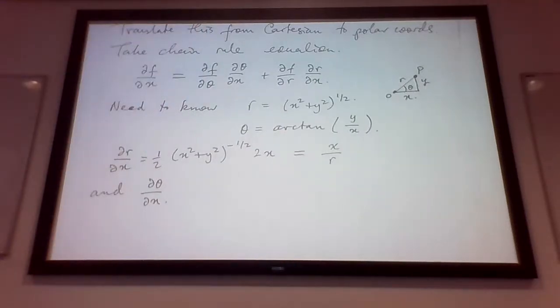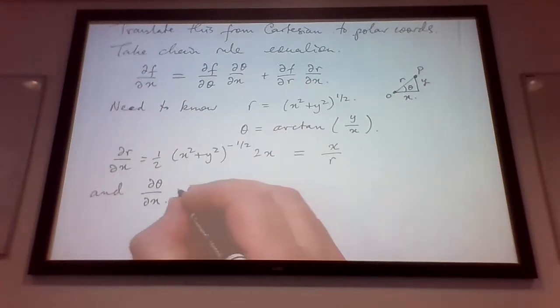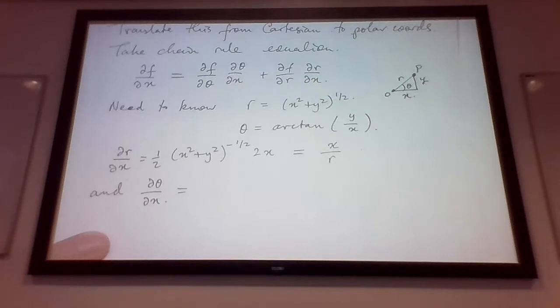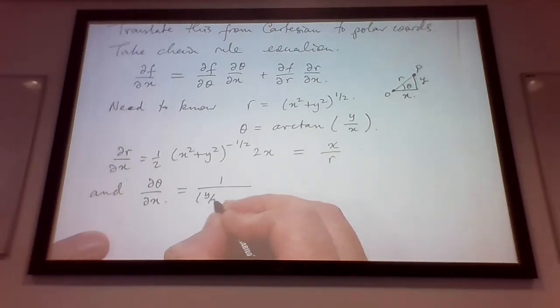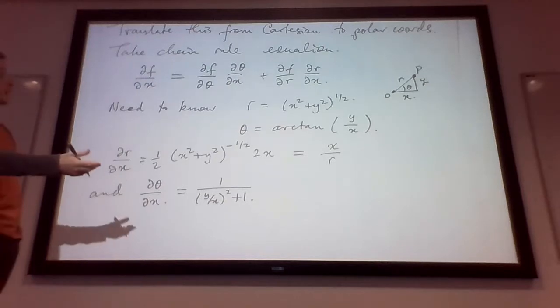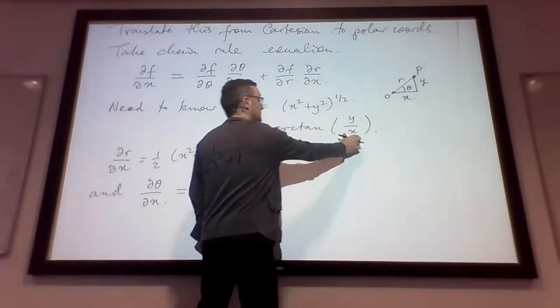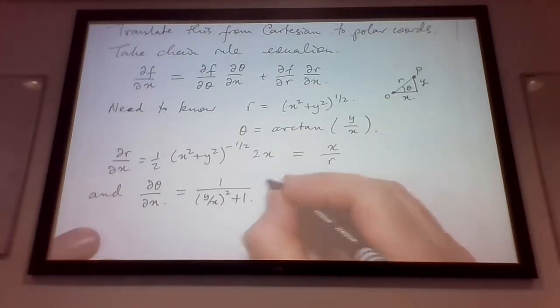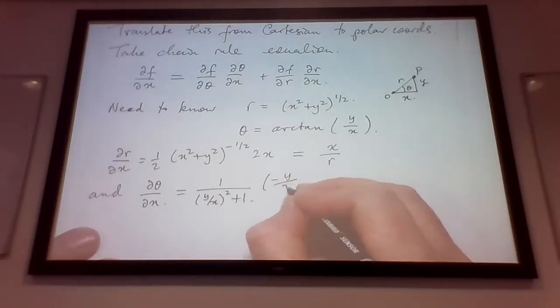The derivative of theta with respect to x. Well, the derivative of arc tangent, see there it's in the notes on page 15, that's 1 over the argument squared plus 1. This would be 1 over y over x all squared plus 1. And then itself multiplied by the derivative of the inner function, which is y over x with respect to x. So that would be multiplied by minus y over x squared.